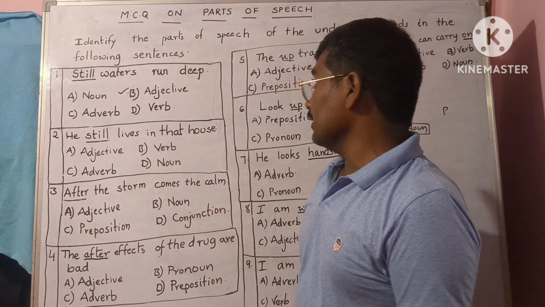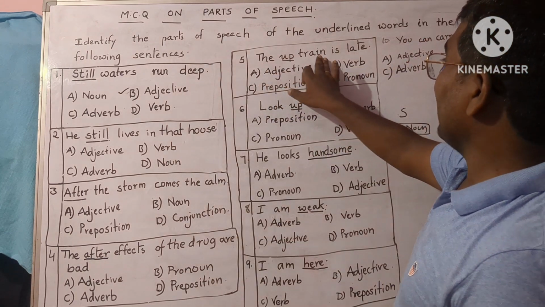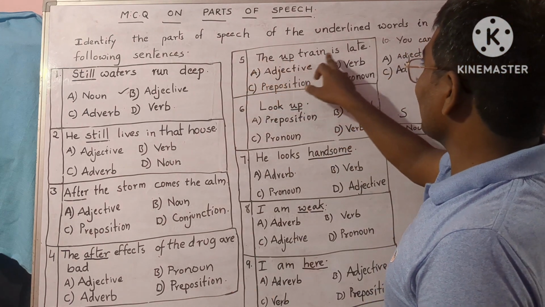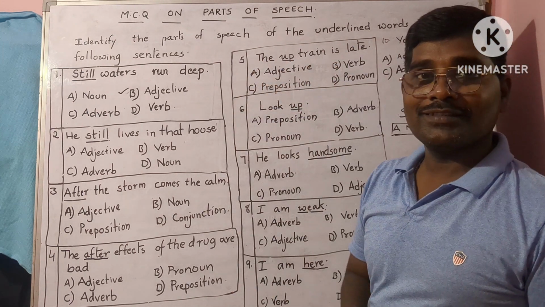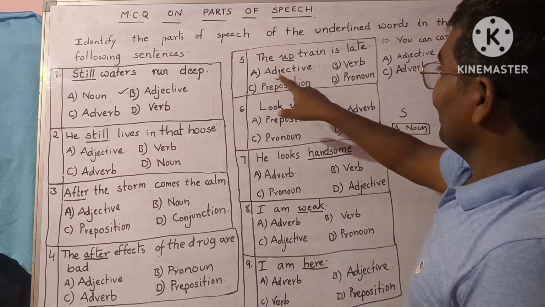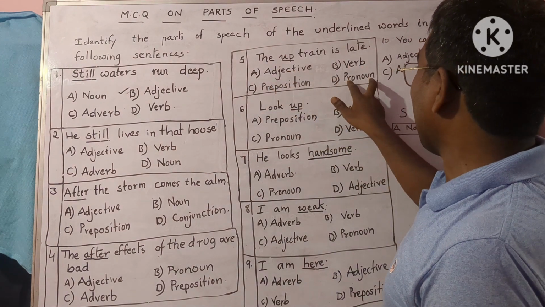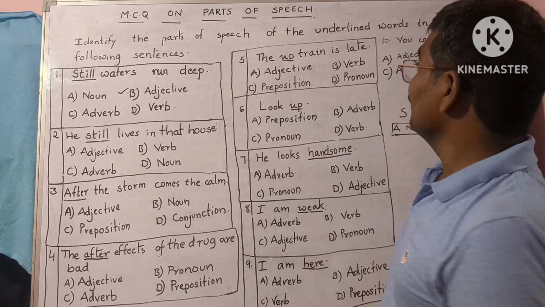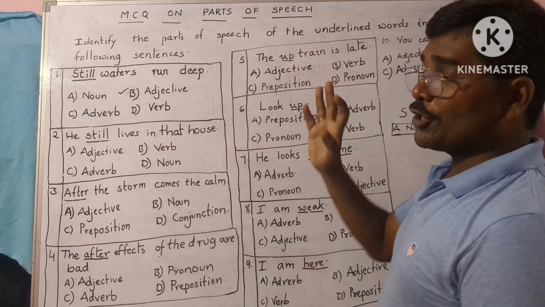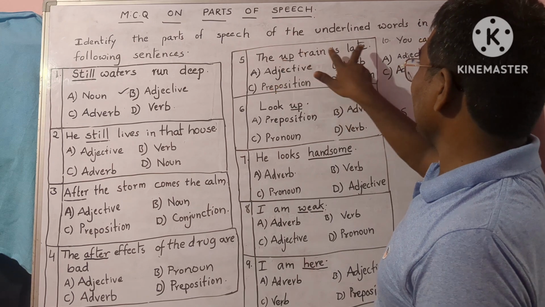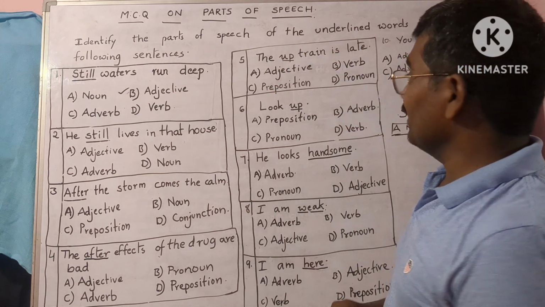When you come here: the up train is late. Four options are given there: adjective, verb, preposition and pronoun. When you break down the sentence into two parts, the up train is the subject, is late is the predicate.